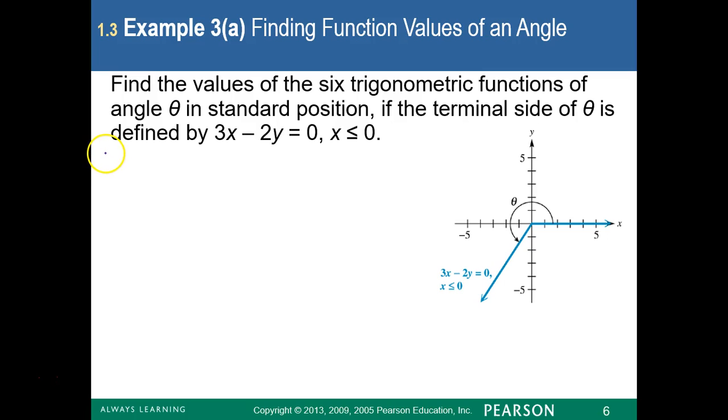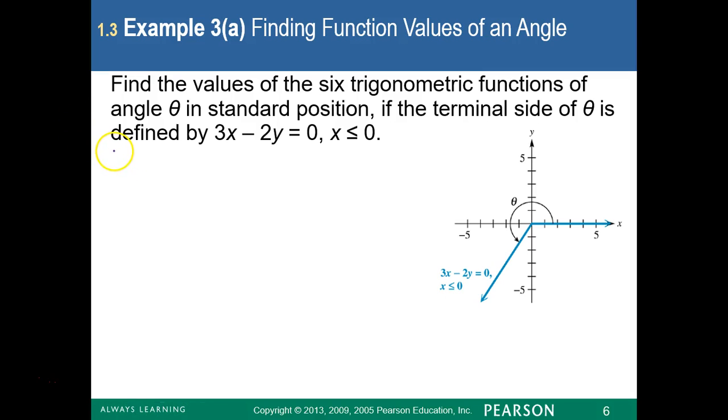And you have a value for x and y that you use for finding the values of your 6 trigonometric functions. Once you find x and y, then you can find r. But on this one, you must have an x value that is less than 0 for this to work. So pick something less than 0. Let's just say negative 2.